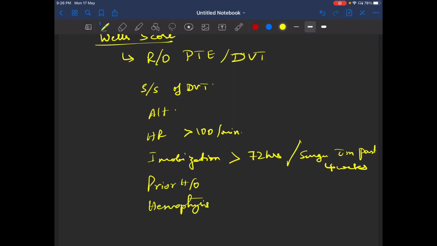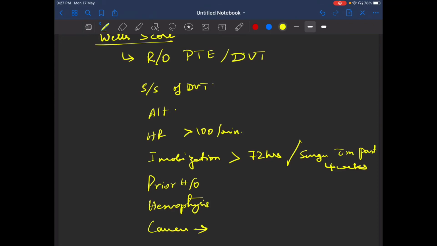Why? Infarct, inflammation, bloody discharges, hemoptysis, cancer. There are a few cancers which cause procoagulable states. Okay, these will have scores individually.